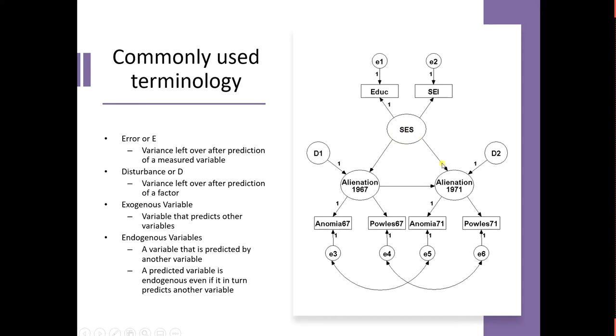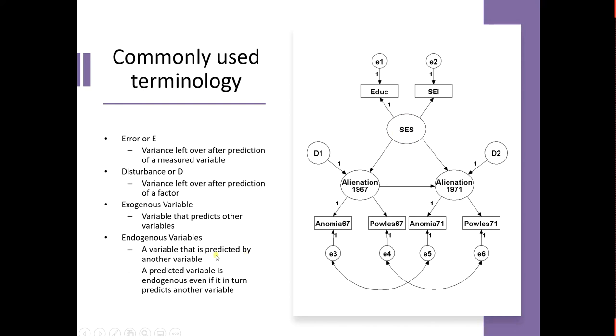These arrows define the direction: if the arrow is coming from SES to alienation, then this is suggesting that SES is determining alienation. But SES itself is not predicted or determined by any other variable. So SES is an exogenous variable.